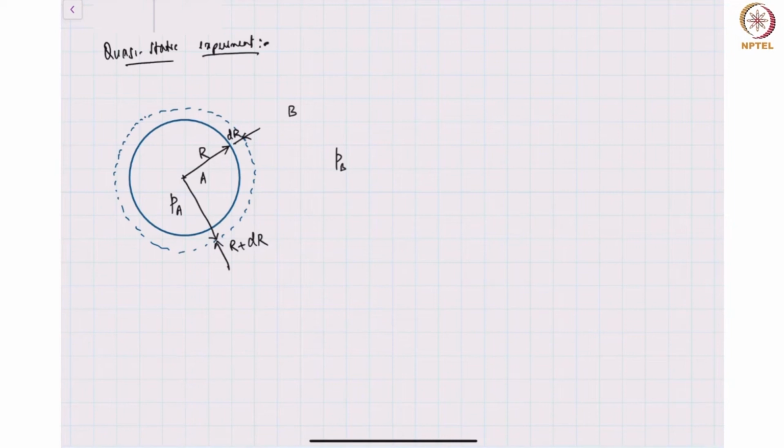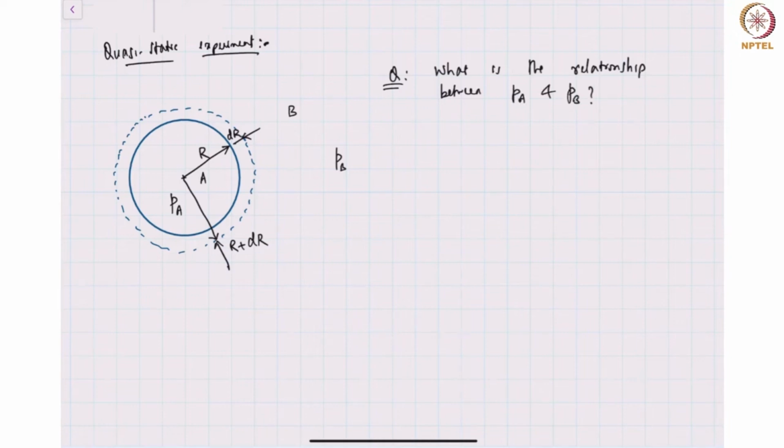Okay. So the question that we are asking is, what is the relationship between PA and PB.